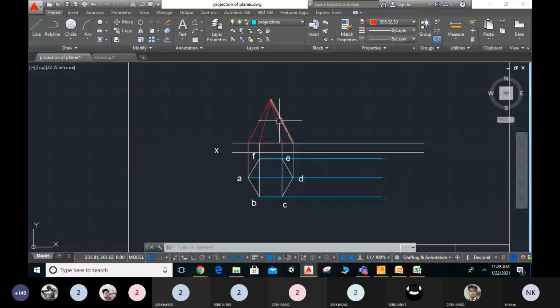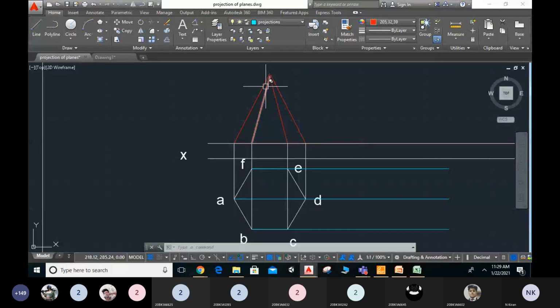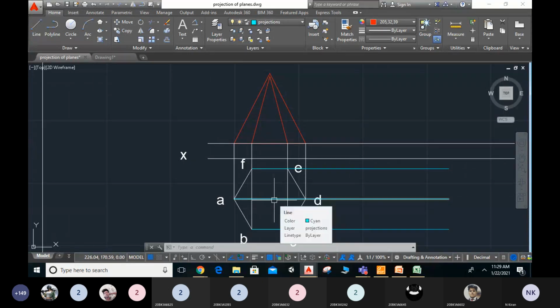No. See, whatever this pyramid is, we have to check the axis. Now as I have drawn a middle line, that is the axis, it is perpendicular to HP. Just now I have shown you a marker pen.